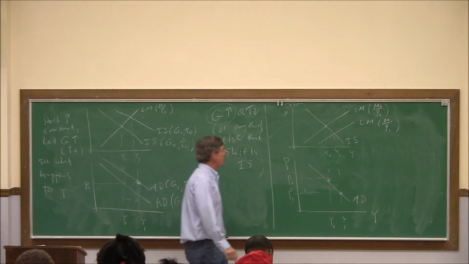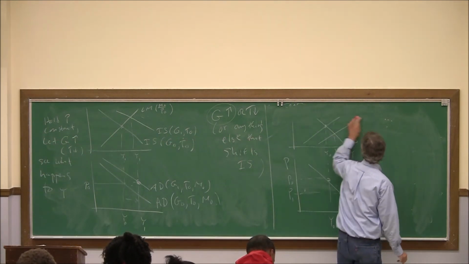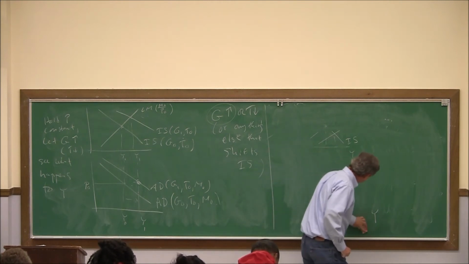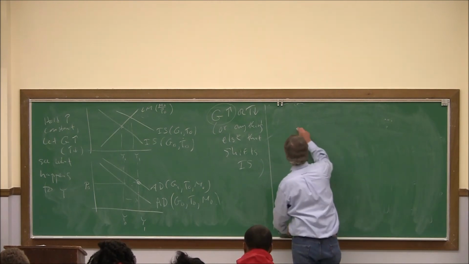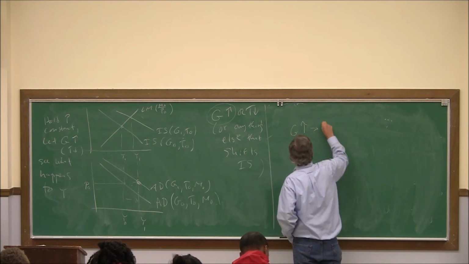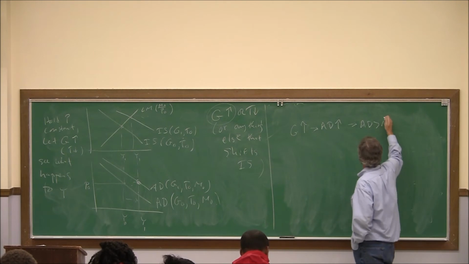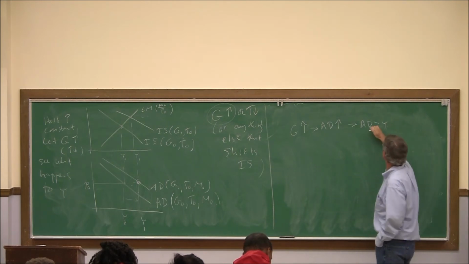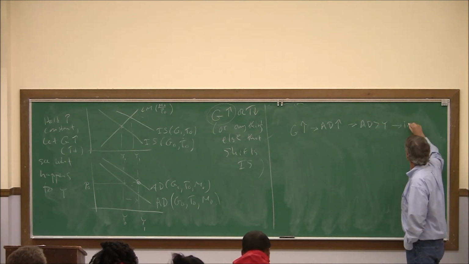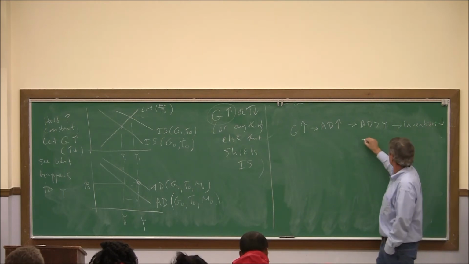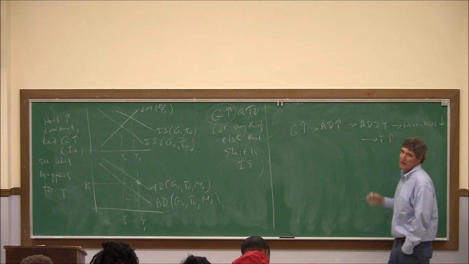All that's going on in the background is that when government spending goes up, aggregate demand goes up. So aggregate demand is greater than income, inventories fall, and output goes up.